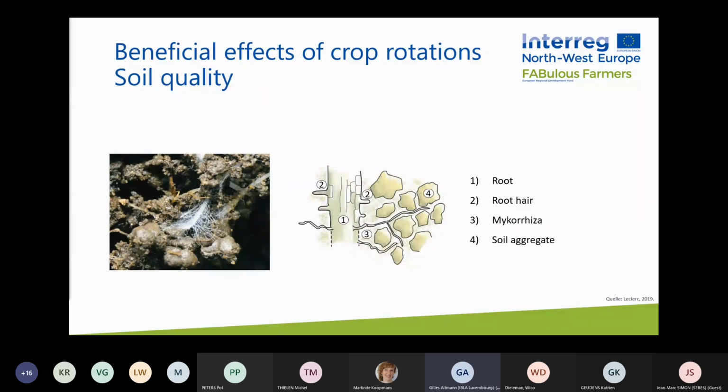And now the diverse soil life comes into place. So we have these mycorrhiza formed by fungus in the soil, and they engage the symbiosis with the plant and are able to reach the soil volume in a distance which roots and root hairs alone would never reach. And this increases the supply of the plant with water and nutrients.